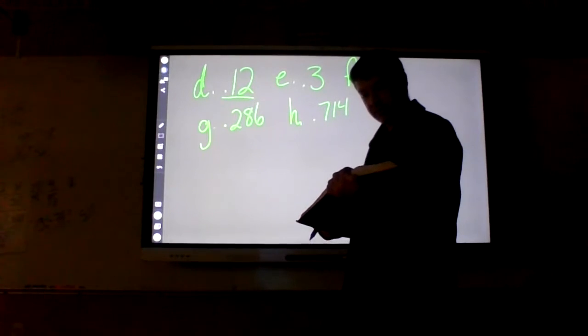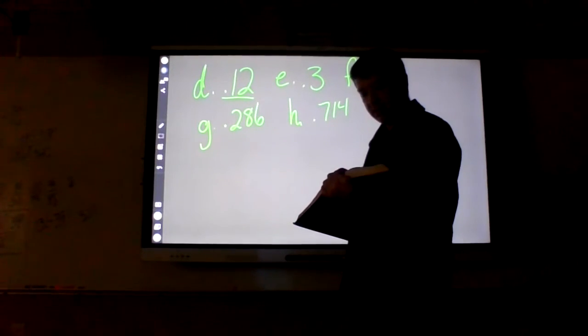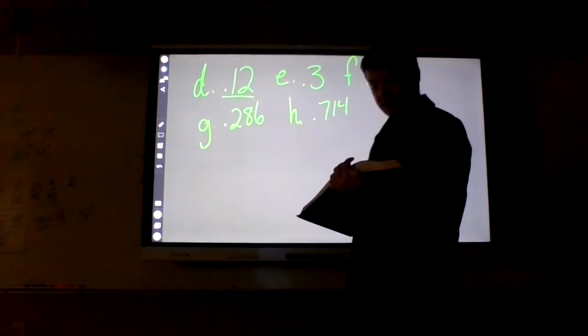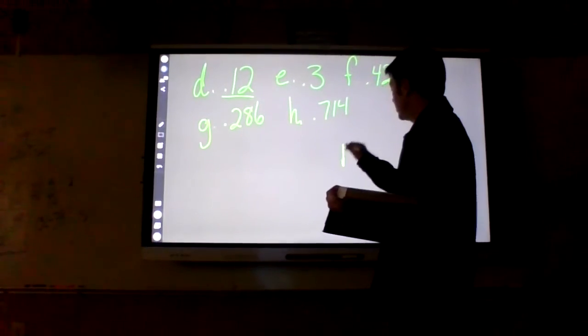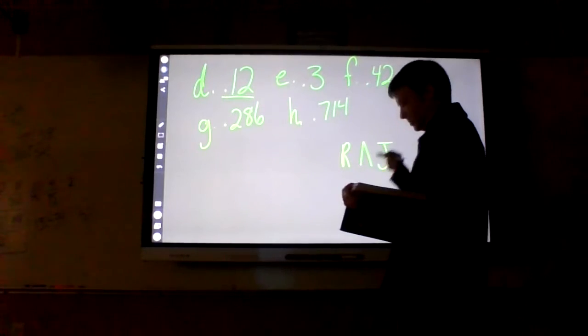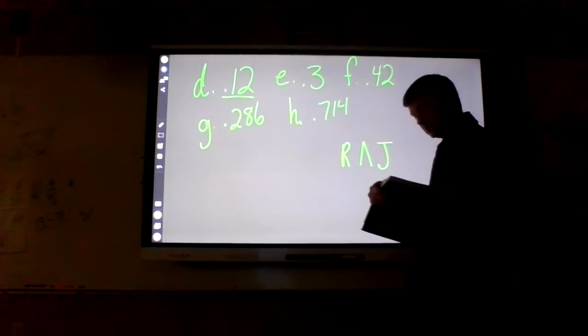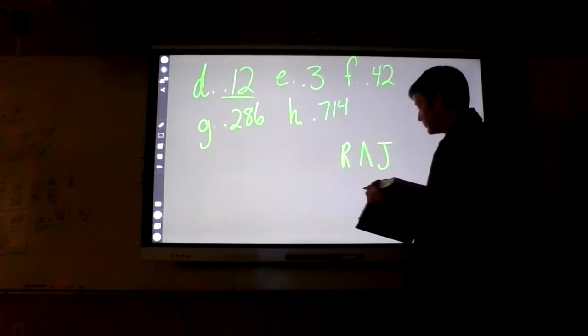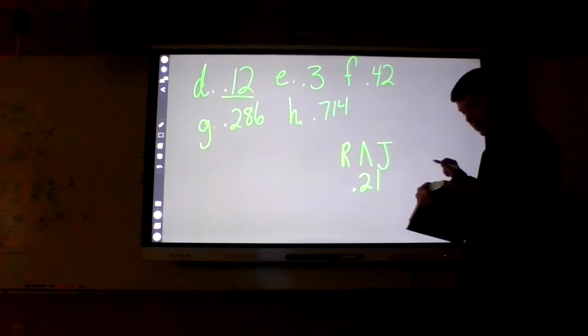So this is just using the other picture. What's the probability of R given J? So the probability of R and J happening is what? Let's start with that. 0.7 times 0.3, right? Do you always multiply them together if you want both of them to happen? Wait, what are we doing? 2G.